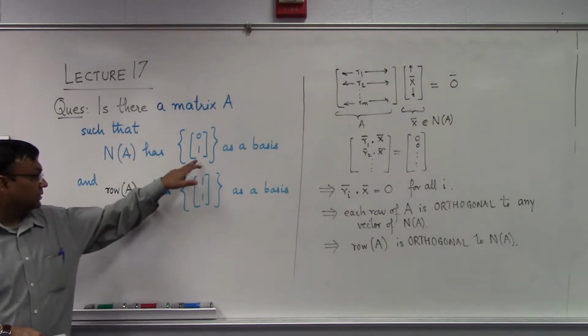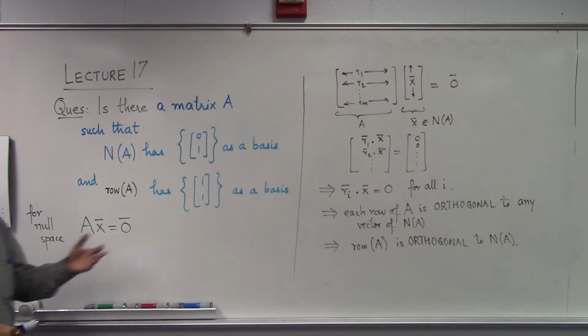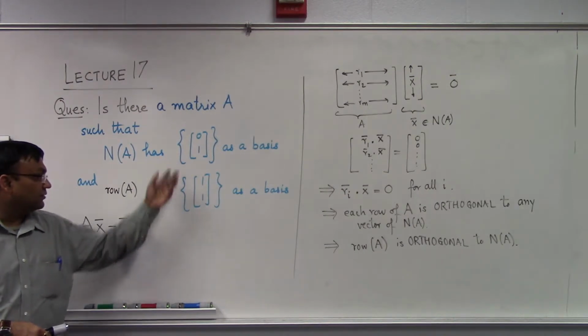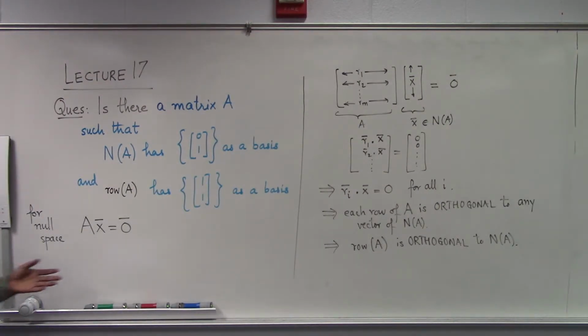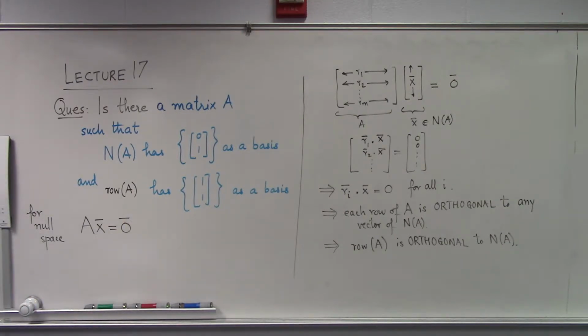Because if this is the basis for the null space and this is the basis for my row space, they can only be possible if they were orthogonal to each other. And 0, 1, if you take the dot product with 1, 1, it is not going to be 0. So you know that such a matrix cannot exist.